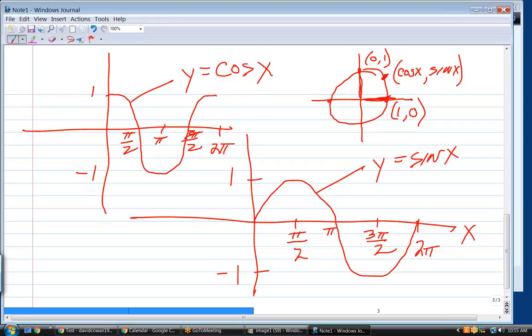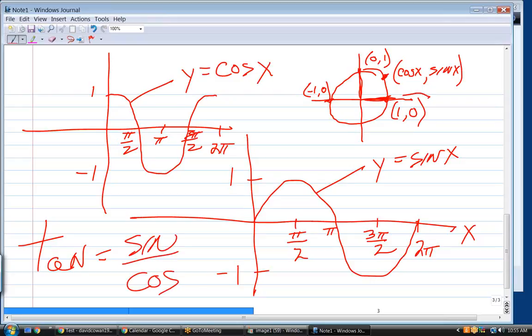Okay. Now, what would the tangent, let me think for a second. What's the tangent of 0? First of all, what's the tangent's relationship to sine and cosine? Sine over cosine. Okay.